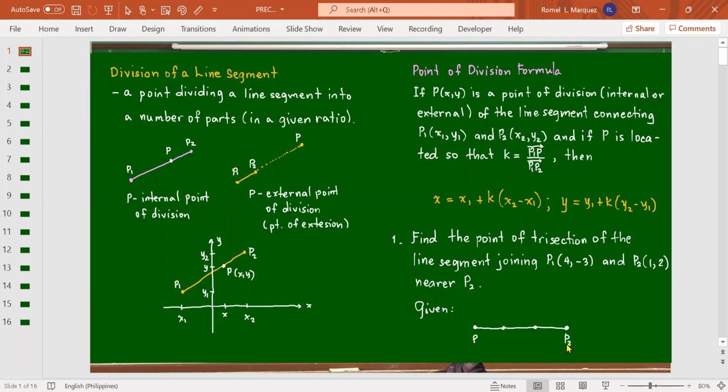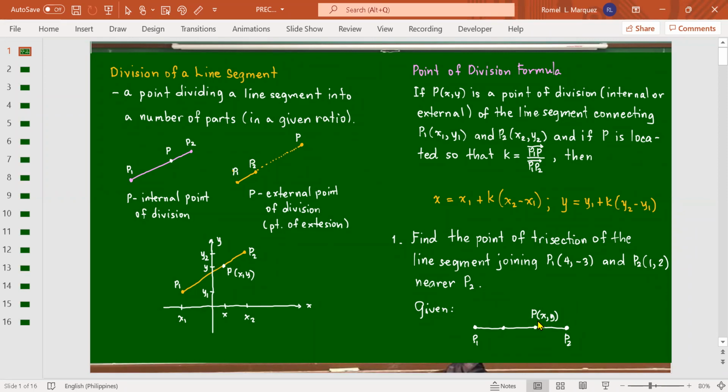So this is P sub 2, P sub 1. I want the point of division that is nearer P2. There are 2 points of division. This P and another one. But I want nearer P sub 2. So this is the one that I am looking for. Am I clear, guys? Let the coordinates be X and Y. Okay? So how to find this P of X, Y?